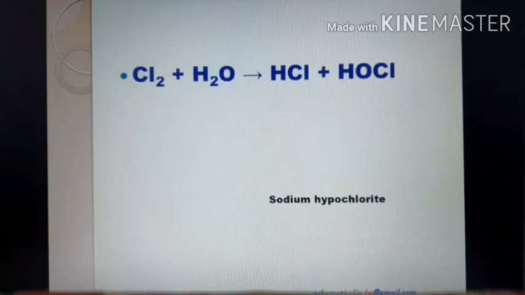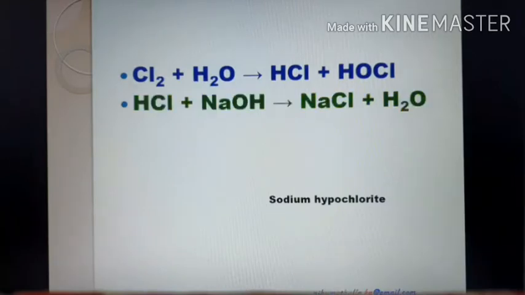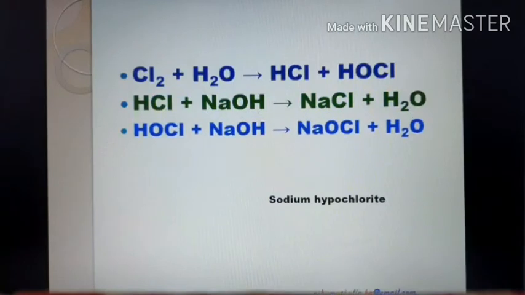First, HCl reacts with sodium hydroxide alkali, gives NaCl and water molecule, and hypochlorous acid HOCl also undergoes reaction with NaOH, gives NaOCl plus H2O.